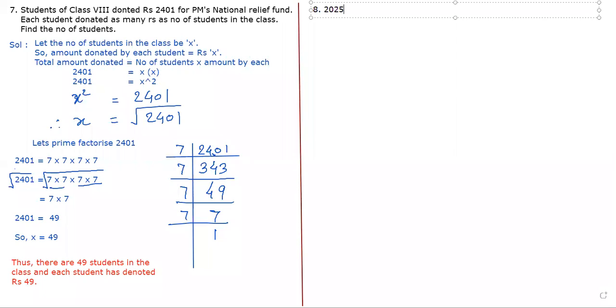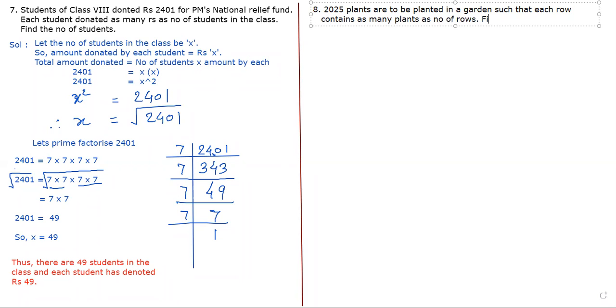Now, 2025 plants are to be planted in a garden such that each row contains as many plants as number of rows. Find the number of rows, or what they are asking.